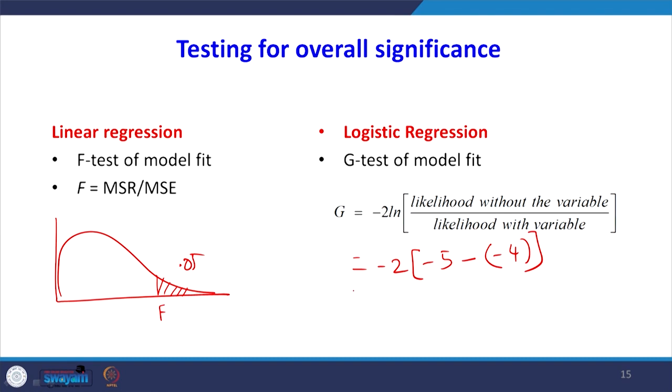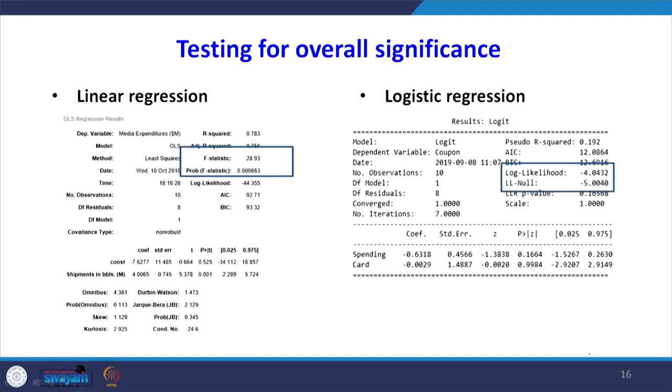When we simplify, minus 5 plus 4, we will get minus 1, so plus 2. This G also follows the chi-square distribution. Chi-square is a right skew distribution. This is our G value. G value is 2, and the degrees of freedom is the number of independent variables in a logistic regression.